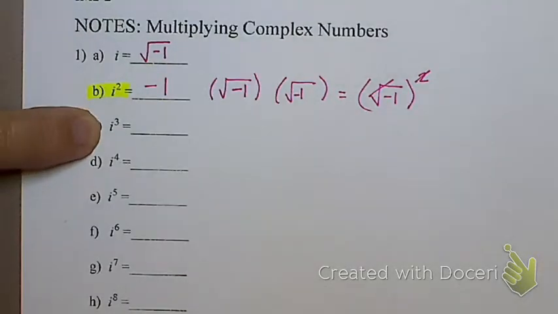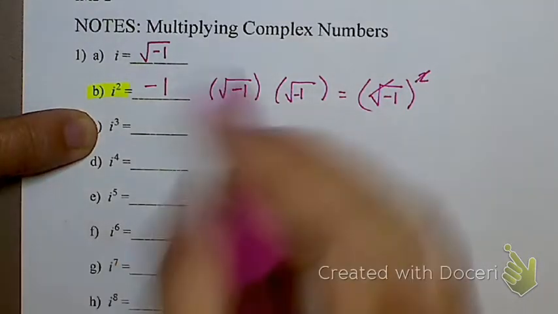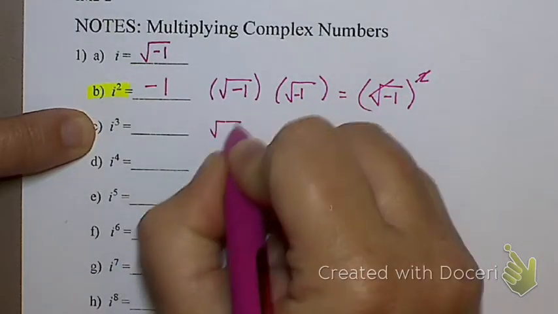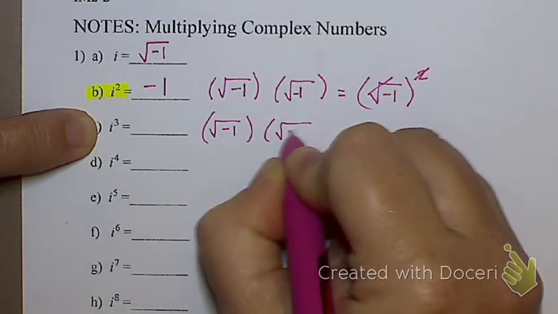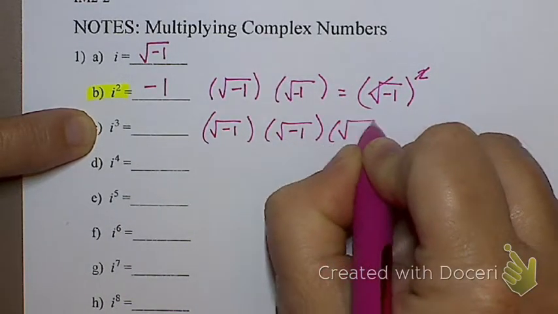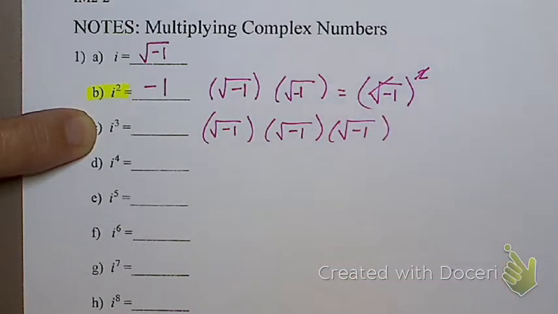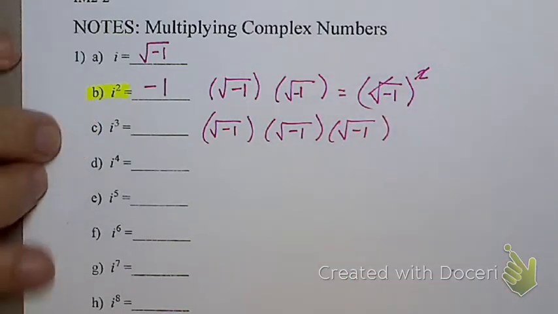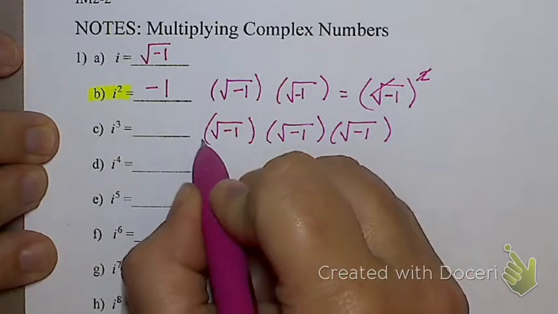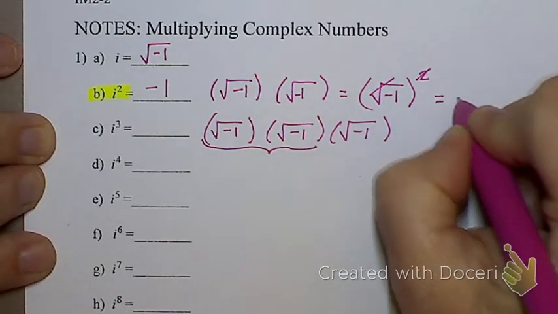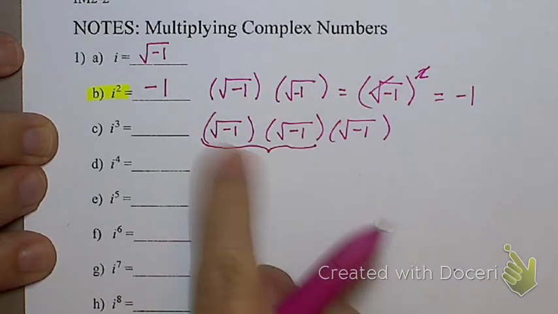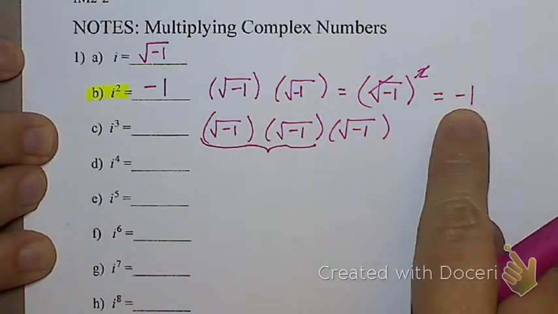How would I find out i to the third power? Write it 3 times. What do you think I'm going to get? Now, let's think about this for a minute. Let's save ourselves some work. Hang on, this equaled -1, right? Isn't these two -1?